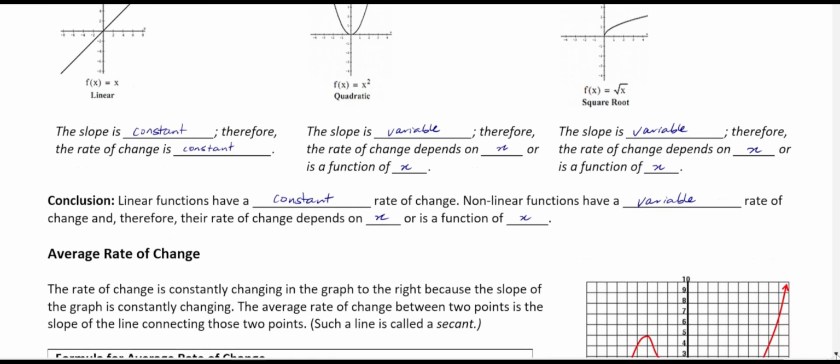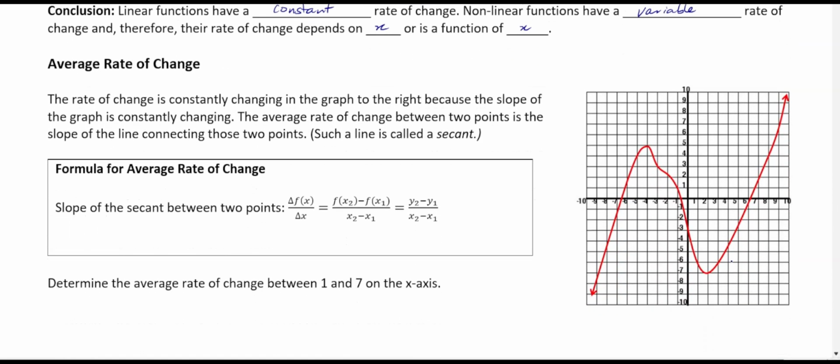So the first rate of change that we'll look at is the average rate of change, also known as AROC. The rate of change is constantly changing in the graph to the right because the slope of the graph is constantly changing, right? We can see that the slope goes towards 0 right here.